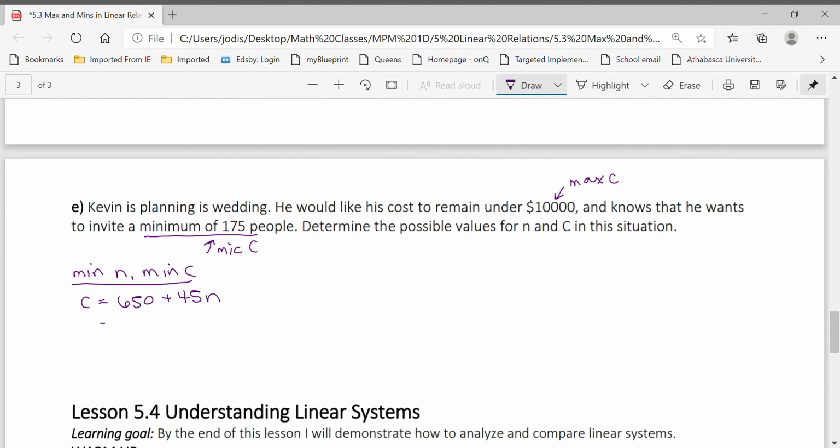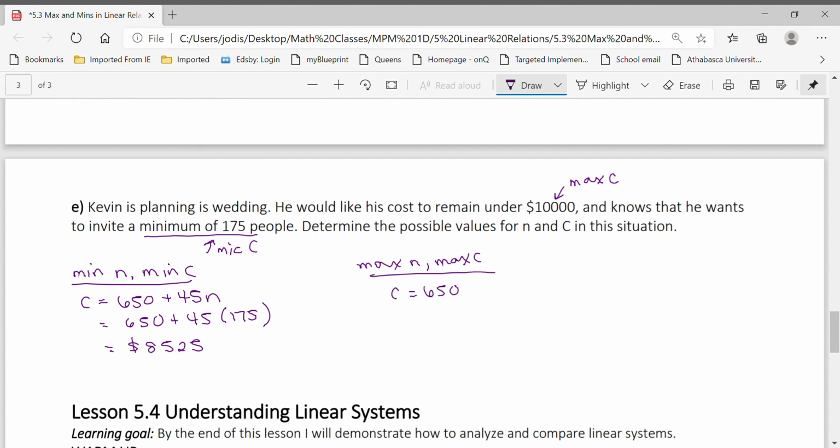Right? So again, if his minimum number of people he wants to invite is 175, 45 times 175 plus 650, we end up with 8,525. Then we also want to figure out his max people with his max cost.